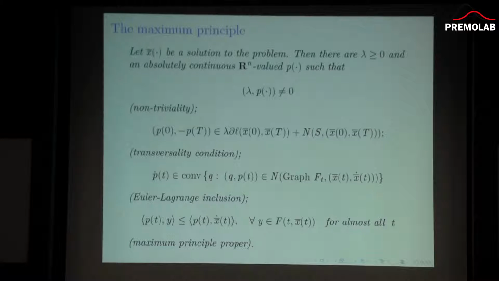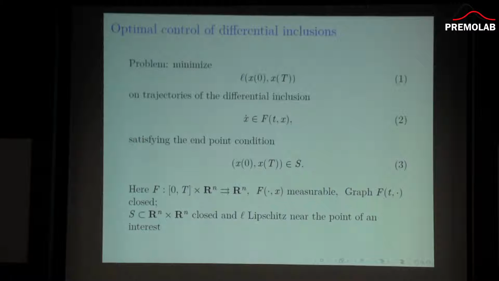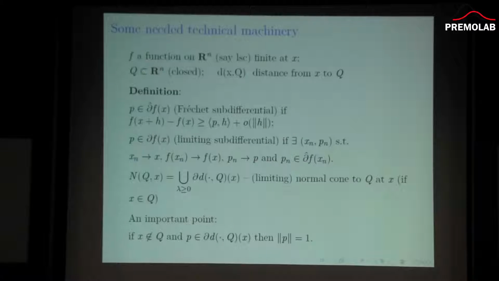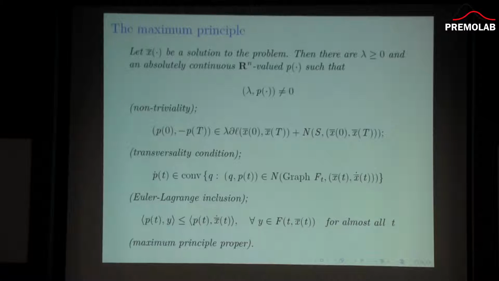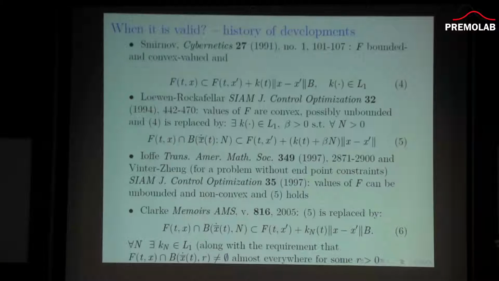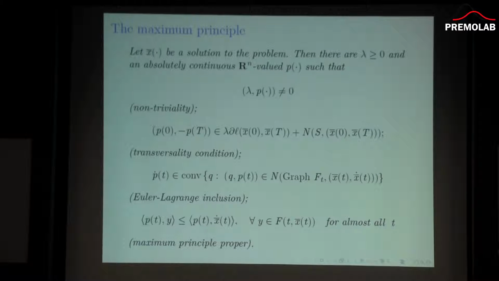So let's go further. This is the maximum principle in this problem. For the moment, I will not state the precise conditions under which this maximum principle holds, but it consists of four relations. The first relation: there exist some multipliers, lambda and p.